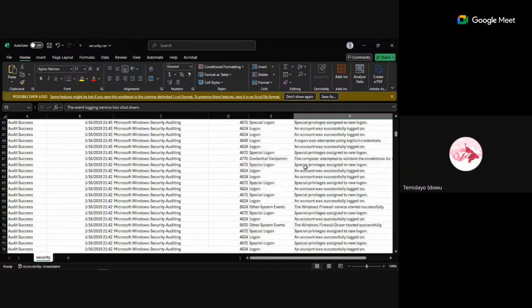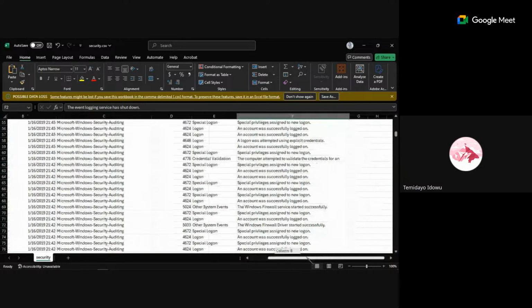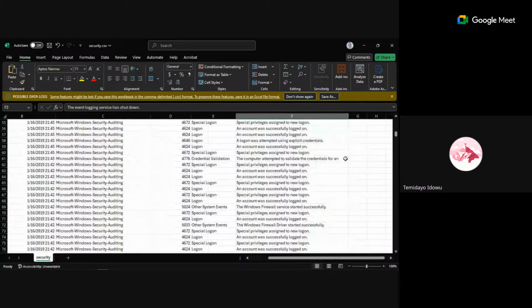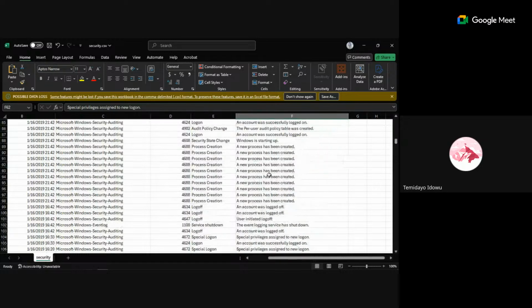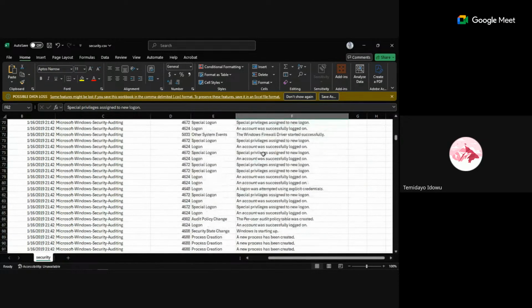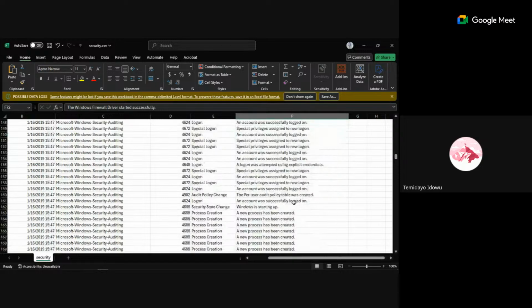You can see here, the computer attempted to validate the credentials, a special privilege assignment, a Windows firewall driver started successfully. If there is a privilege escalation, I can know from whatever I'm reading here.